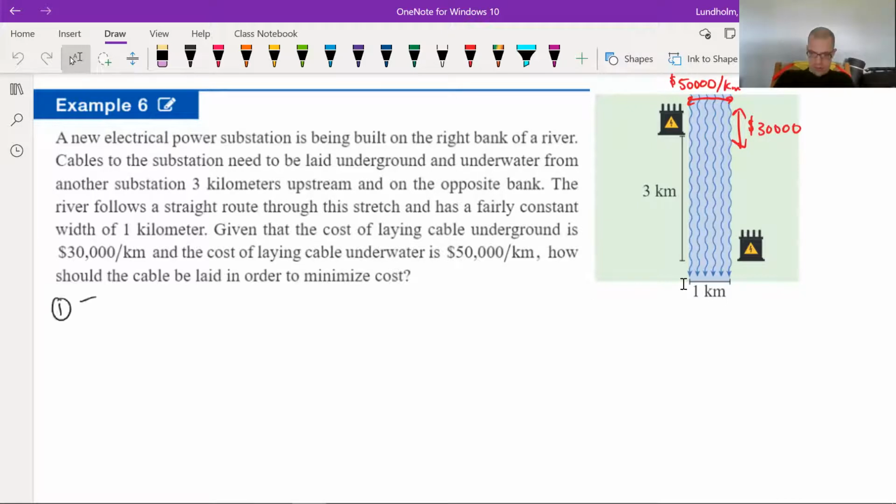All right, so let me zoom in so I can write neater. Okay. One of our endpoints, or like our extreme scenarios, would be, let's go straight across the water and then straight up.